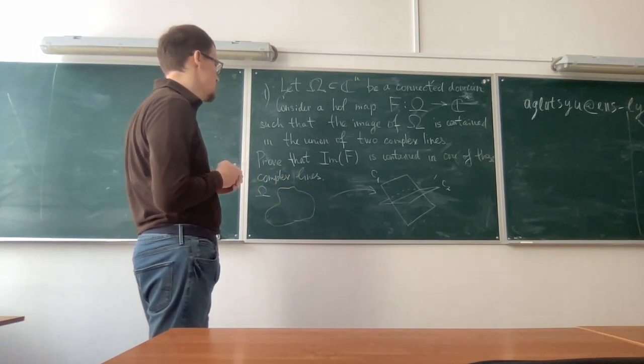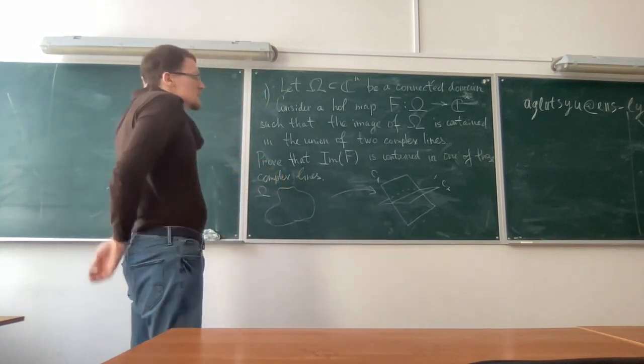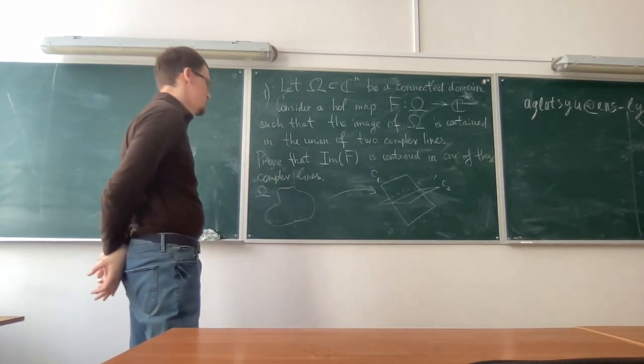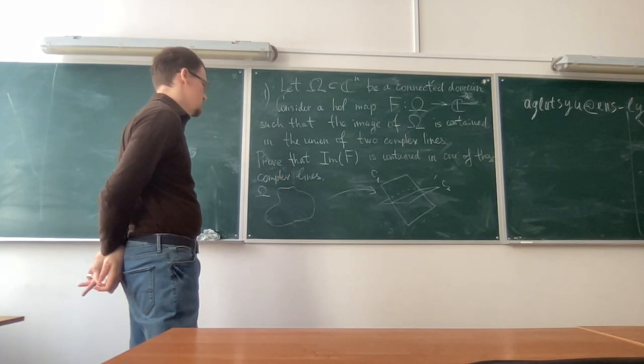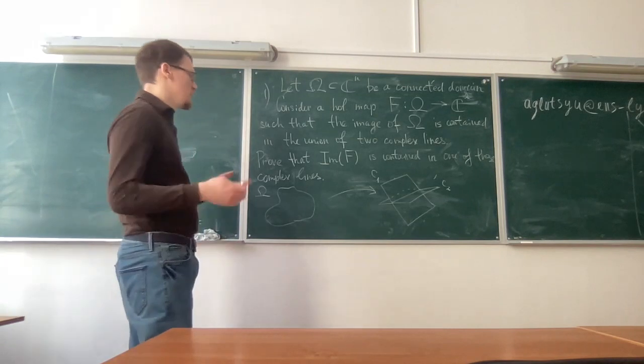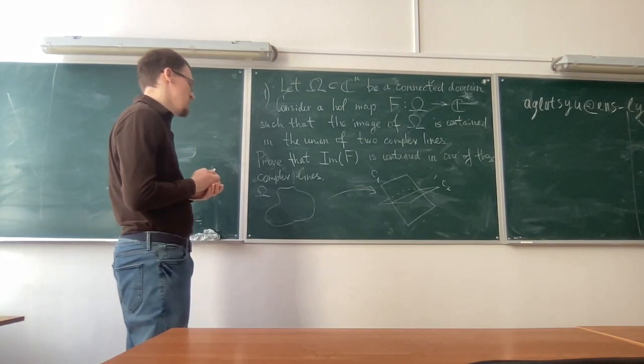Any guess on what we should use here? In particular, what do you know about images of complex domains under holomorphic maps?